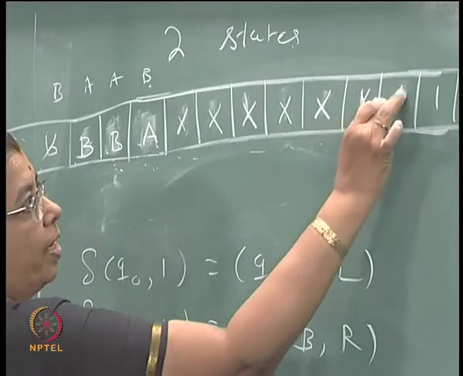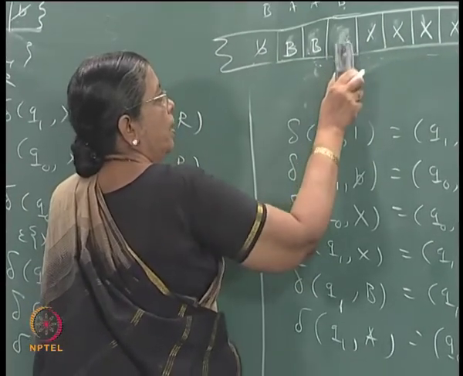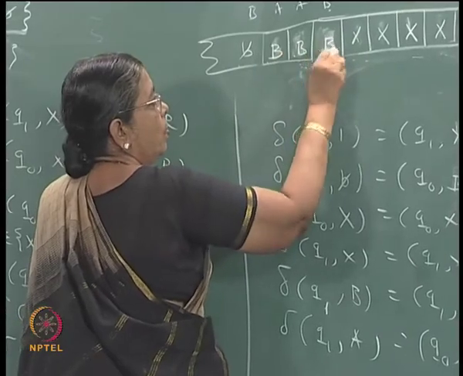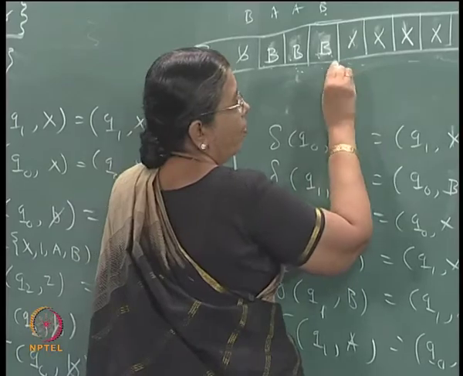Now, again move here, change this into X, come back in state Q1, change this A into a B, 7 I have now.